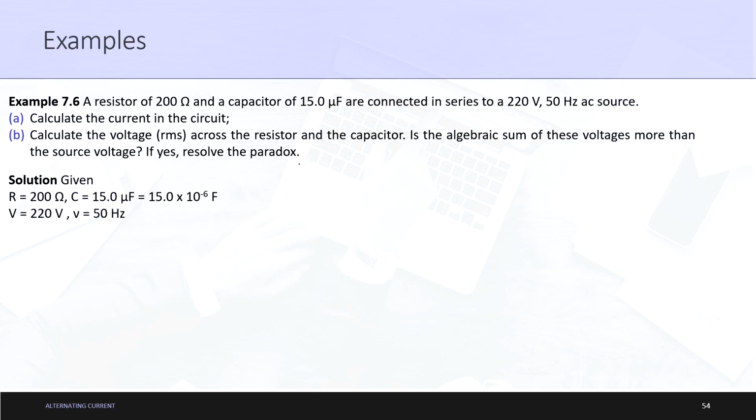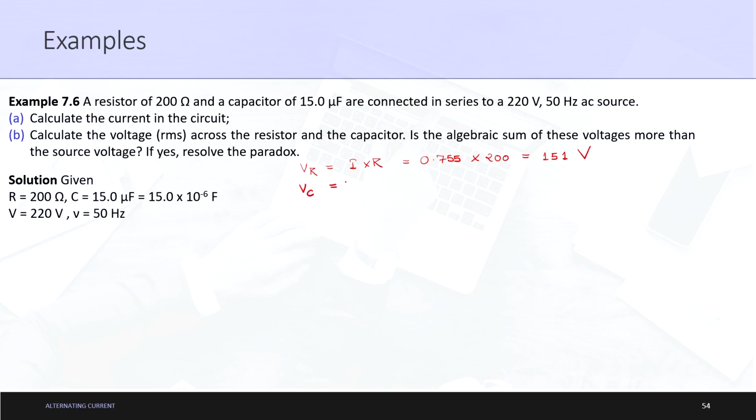Here, how to calculate the value of VR? VR is nothing but IRMS into the resistance, correct. The value of current obtained right now was 0.755 amperes, right. If I multiply it by the resistance given here, that is 200, you will obtain the value as nothing but equal to 151 volt. I am just leaving the mathematical calculation for you, you can just do it and understand by yourself also.